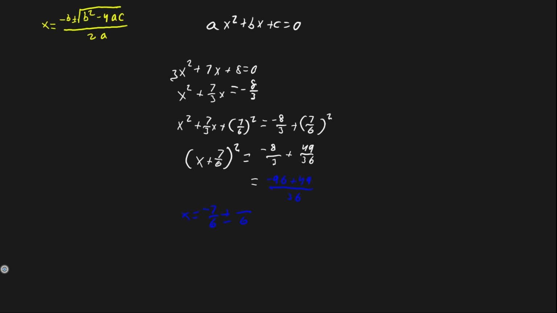So we're going to have the square root of negative 47, or root 47 times i. And that is going to be our solution. Let's go ahead and group it. So we have negative 7 plus or minus i root 47 all over 6. So that is our solution to our quadratic by completing the square.